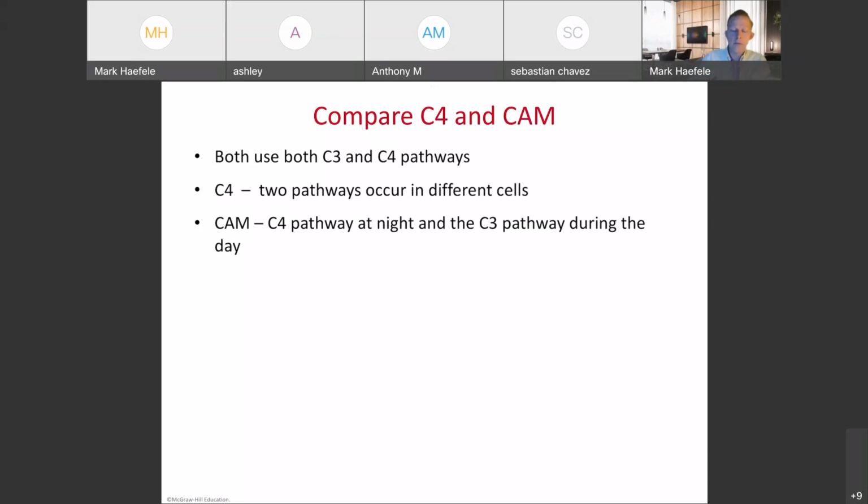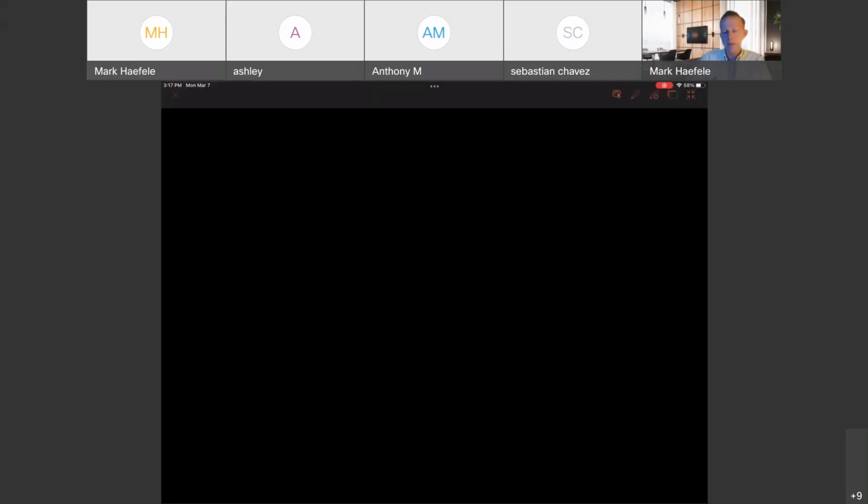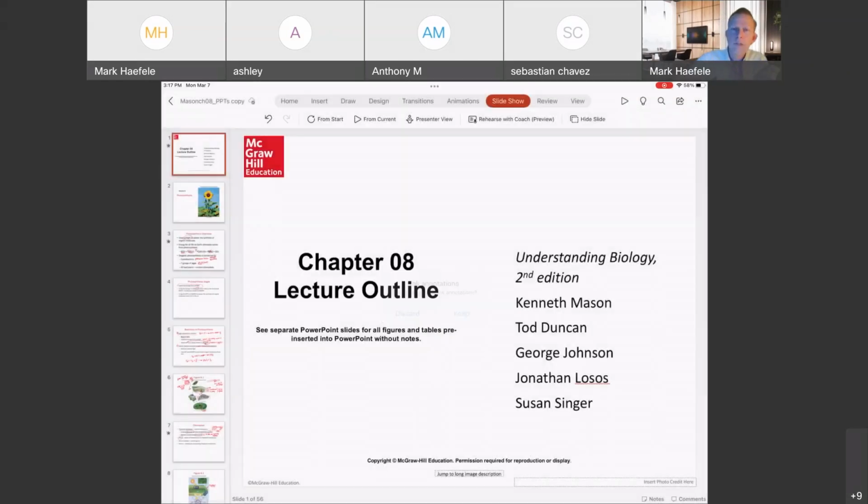And in CAM you have the C4 pathway at night, which is the carbon fixation, right? And then the C3 pathway, which is dumping that molecule into the Calvin cycle, happening during the day when your stomata are closed. And so that is basically chapter 8.